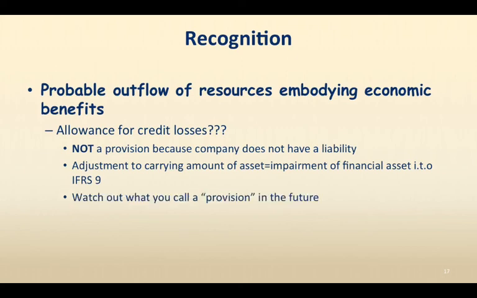This means that you need to watch out for what you call provisions in the future. Allowance for credit losses is not a provision because the company does not have a present obligation towards the allowance for credit losses.